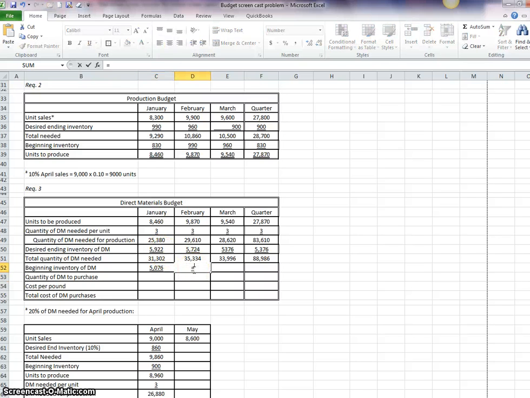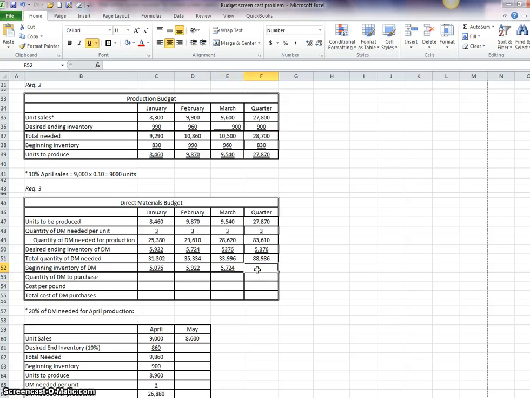Now, the ending inventory of January becomes the beginning inventory of February. So again, this is the second time we've done this. And the beginning inventory of March is February's ending inventory. Now, at the end of the quarter, that's the same as at the end of March, because that's the last month.